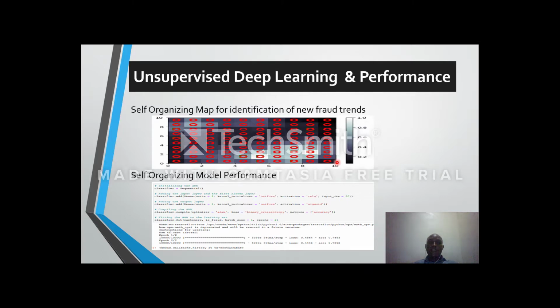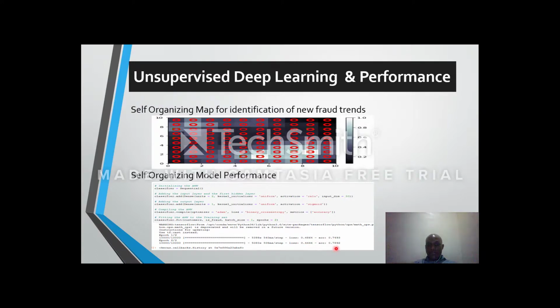You will be able to see the new trend and it will tell us that these are the new trends, and from there we will be able to incorporate this new trend into our machine learning repository for supervised learning.